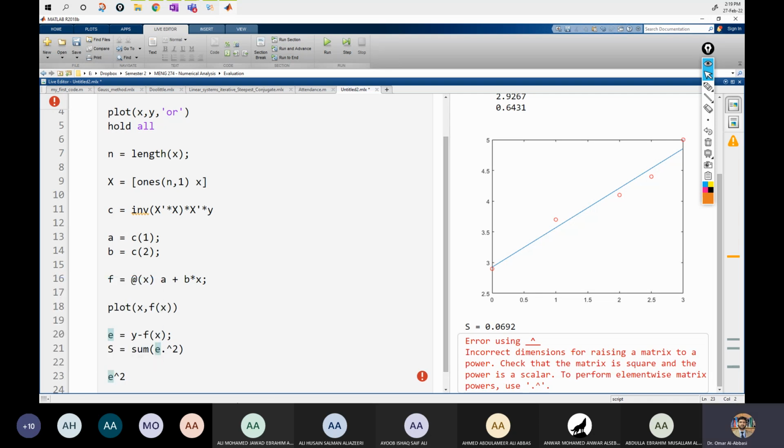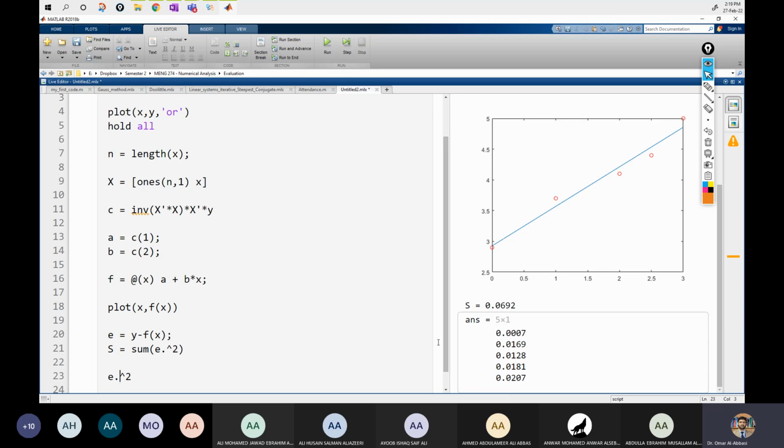So you cannot have n by 1 times n by 1. It's not defined. Either n by 1 times 1 by n. But if you want to do it on each element, then you have to put the dot operation in order to square each element. Right. We did that. Now we have the sum of the error squared.